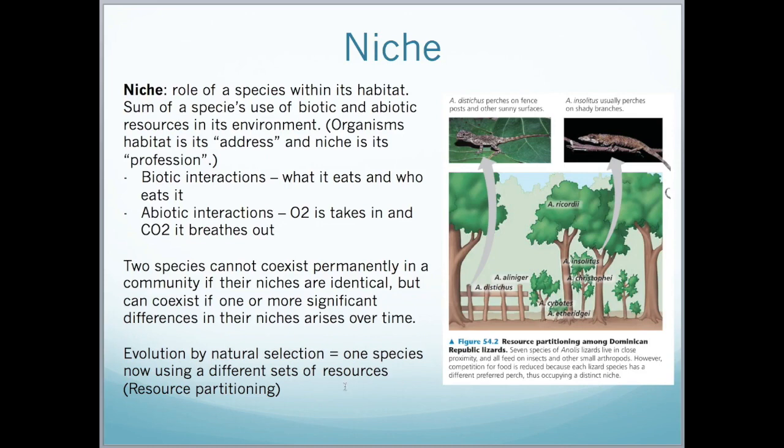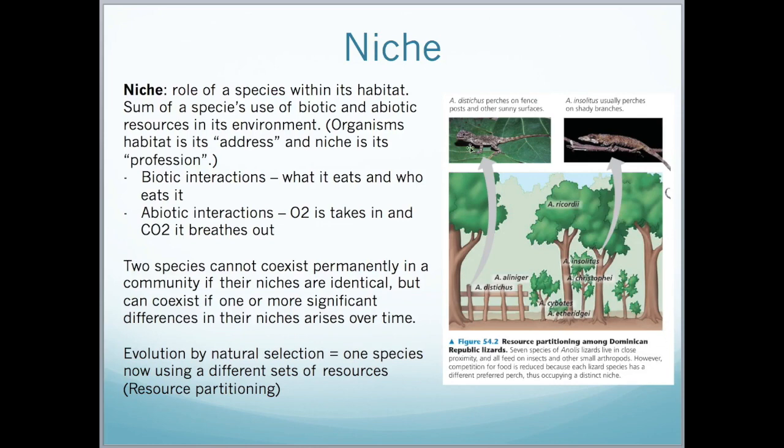So for example, here we have an example of resource partitioning among Dominican Republic lizards. They live in very close proximity and they all feed on insects, but the competition for food is reduced because each lizard species has a different preferred perch, thus occupying a distinct niche.